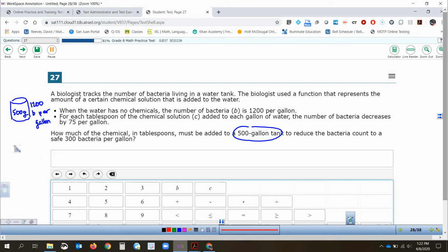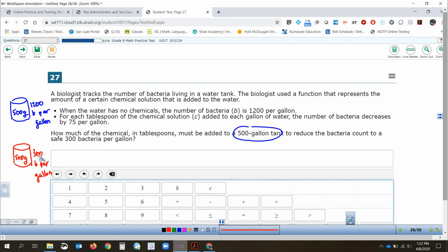When we are done, what do we want to have? When we are done, we are still going to have 500 gallons, right? But instead of 1,200 bacteria per gallon, we only want what? 300 bacteria per gallon, right?